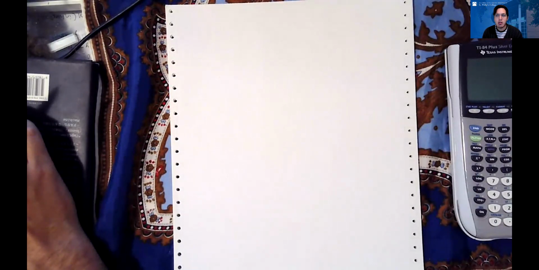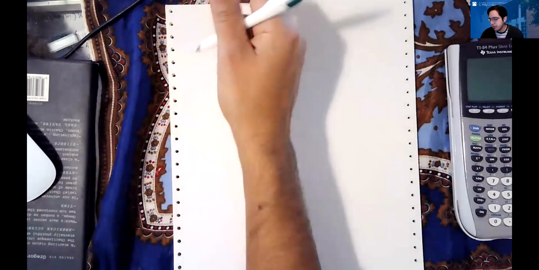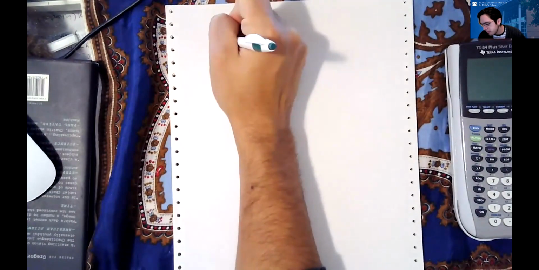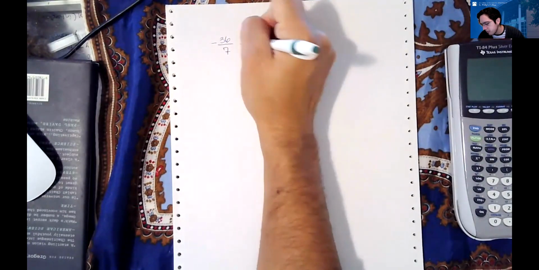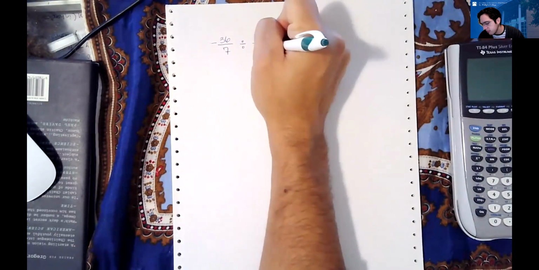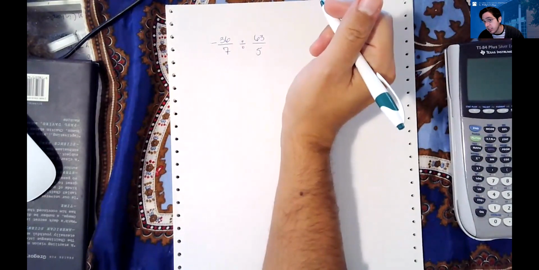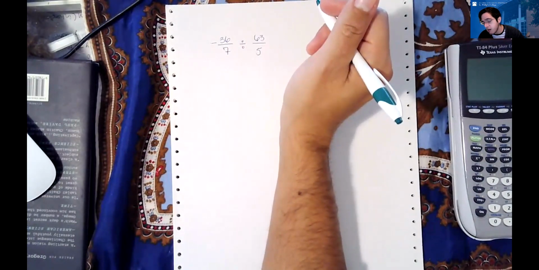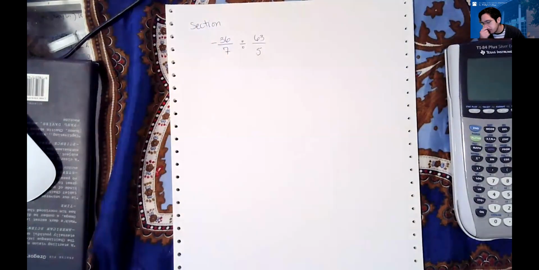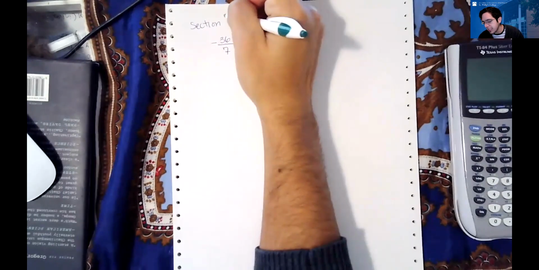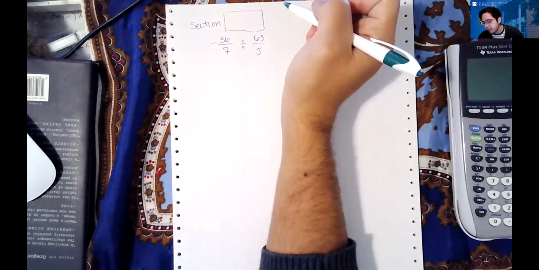Can you repeat that one more time? -36/7 divided by 63/5. It was just a straight up division problem with fractions. Yeah, that's what I was talking about. I wonder what section that was in. The answer wanted it to be a fraction.